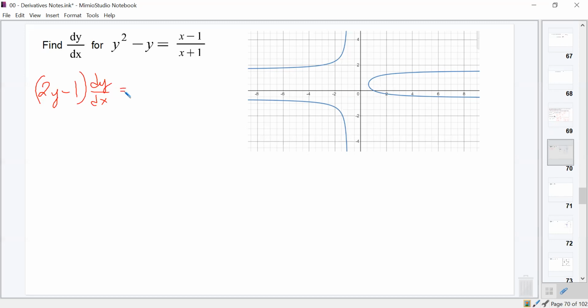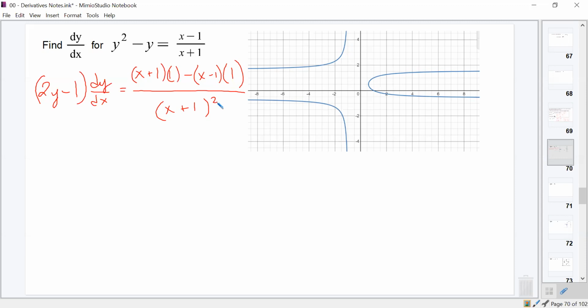And on the right-hand side, that's just a quotient rule problem to take the derivative of that. It should be x plus 1 times the derivative of x minus 1, which is just 1, minus x minus 1 times the derivative of x plus 1, which is just 1, all over x plus 1 squared.